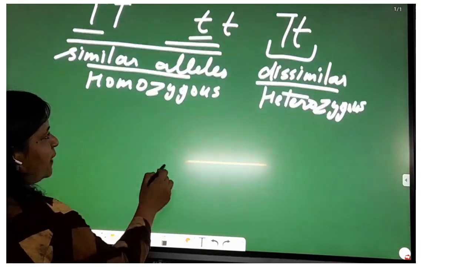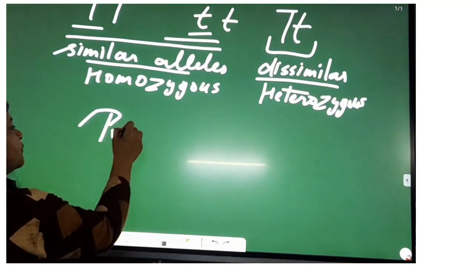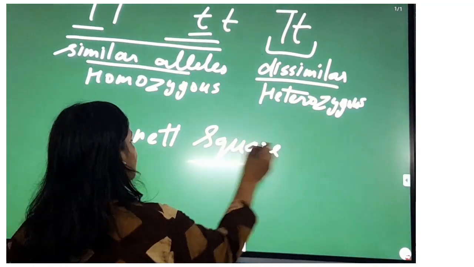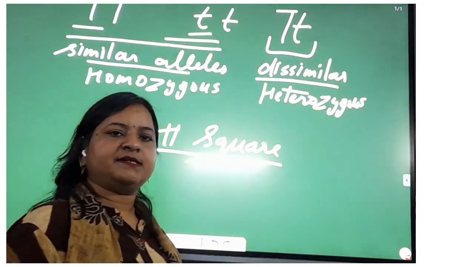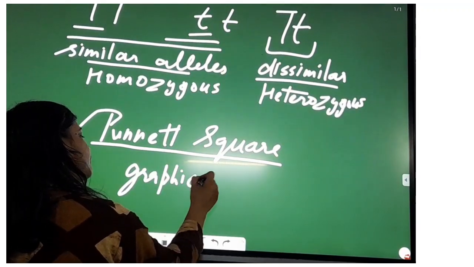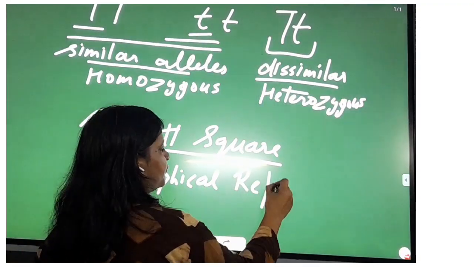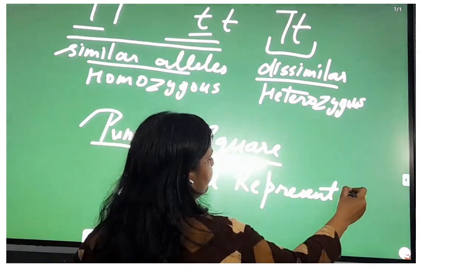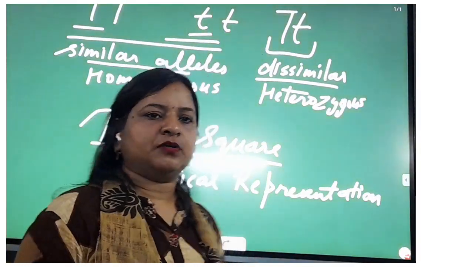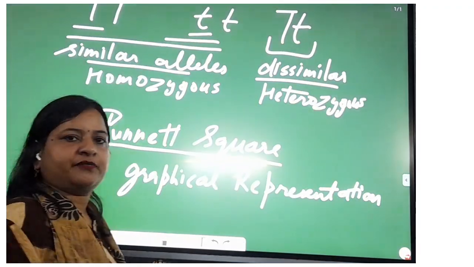This can be understood by using the Punnett square. The Punnett square is a graphical representation to get the maximum possibility of which combinations can occur from the different gametes.